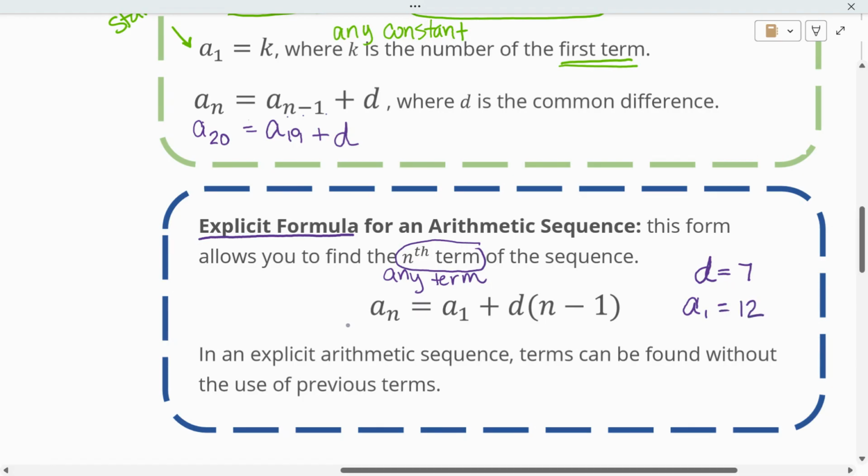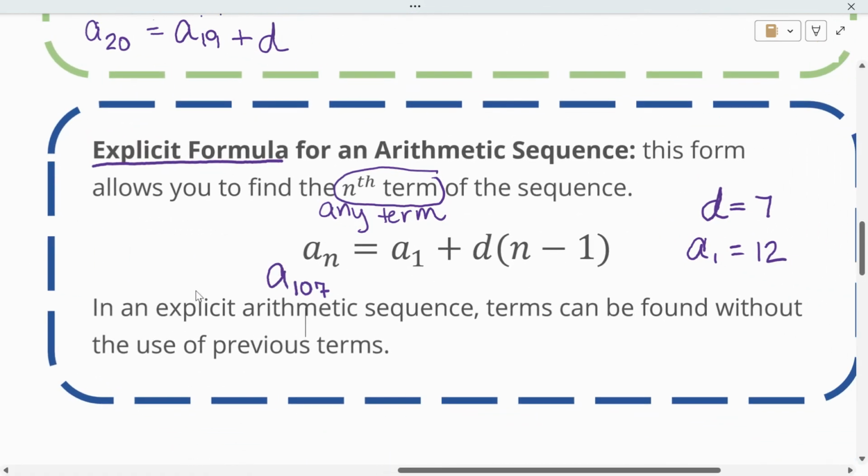Well, let's say that I wanted to find a sub 107. So I wanted the 107th term. If I wanted the 107th term, would you want to take the first term 12 and add 7 to it 106 times? That would be ridiculous, right?